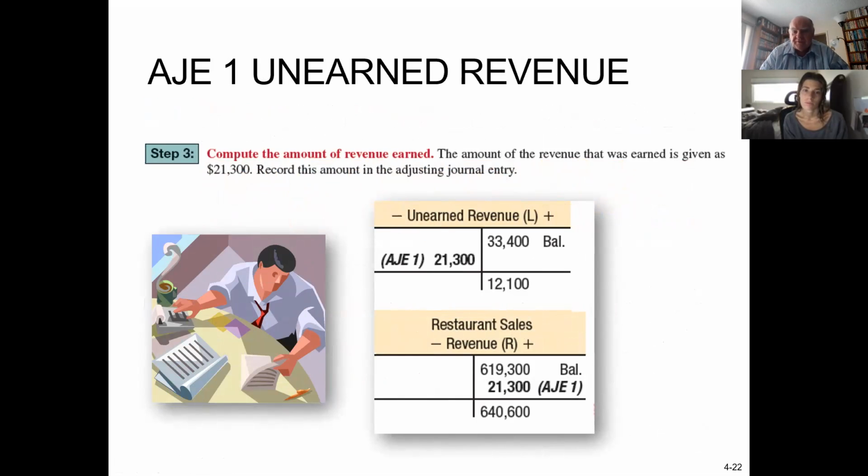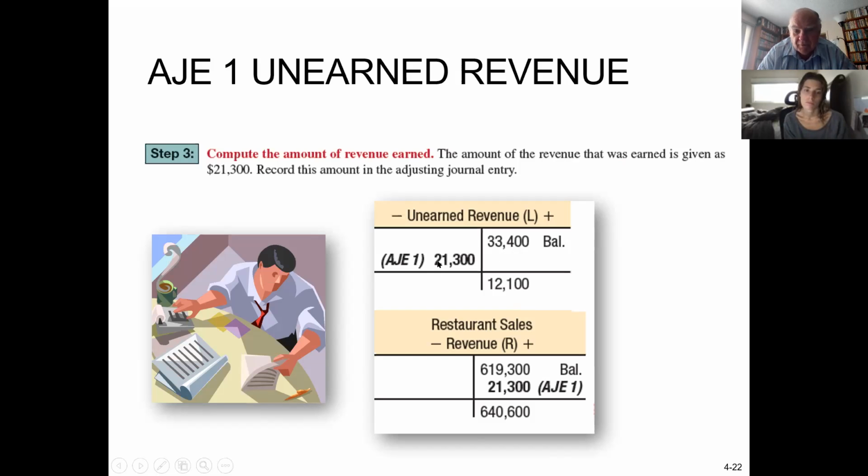Maybe it'll help to look at the T account. Compute the amount of the revenue earned. Well, they told us already just now on the prior slide that the balance at the end of the month was $33,400. But our records indicate that customers paid with $21,300 worth of gift cards. Now it becomes revenue.